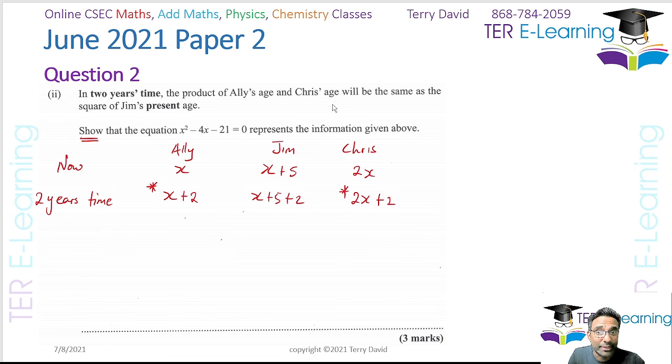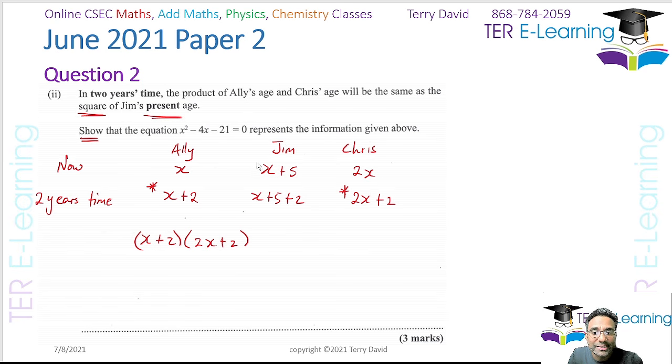So let's read the question carefully here. So the product, so that is X plus 2, right, multiplied by 2X plus 2. So the product of Ali and Chris, right, will be the same as the square of Jim's present age.